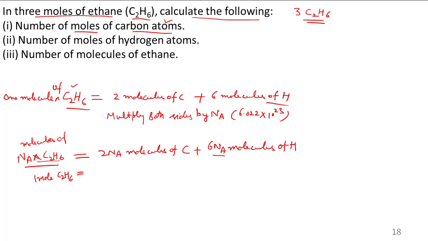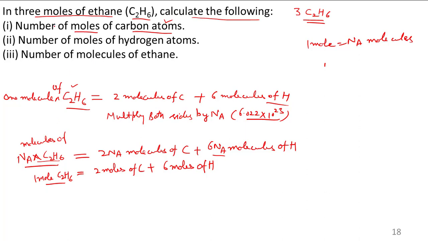So Avogadro number of molecules, or 1 mole, is equal to Na molecules of anything, where Na is 6.022 into 10 to the power 23. So we have 1 mole C2H6 is equal to 2 moles of carbon plus 6 moles of hydrogen.